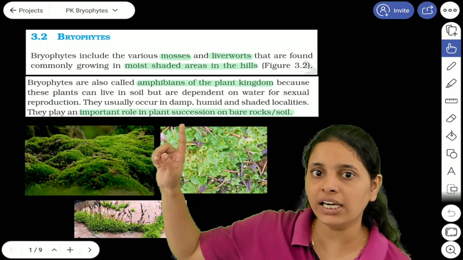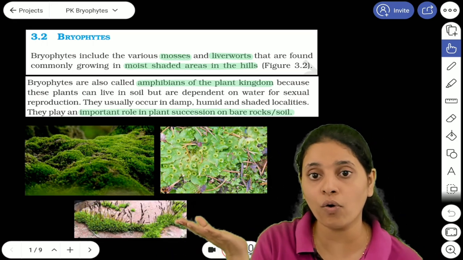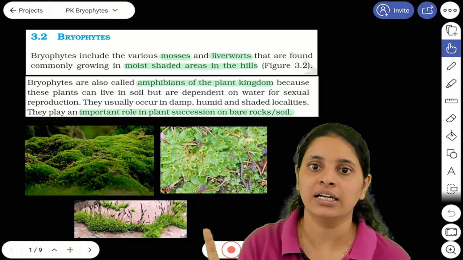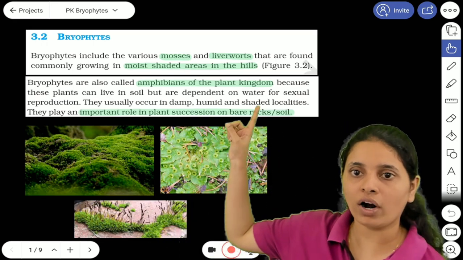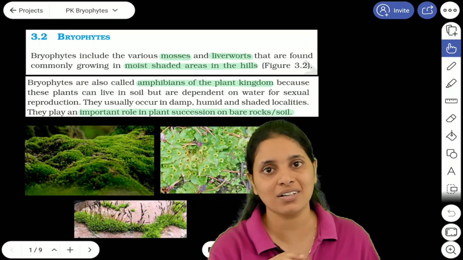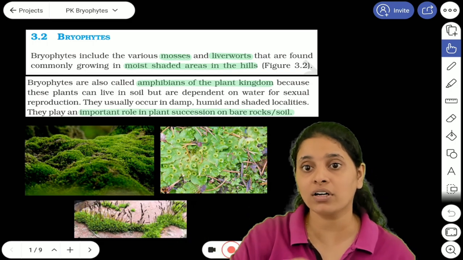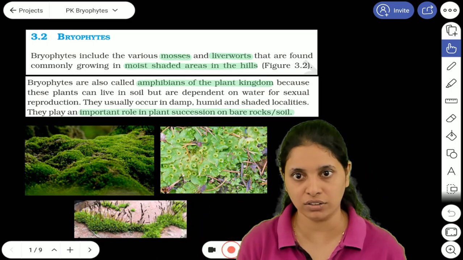Bryophytes grow mainly on moist soil, but they are dependent on water for sexual reproduction. Water is required for the transportation of the male gametes, and for completion of sexual reproduction.